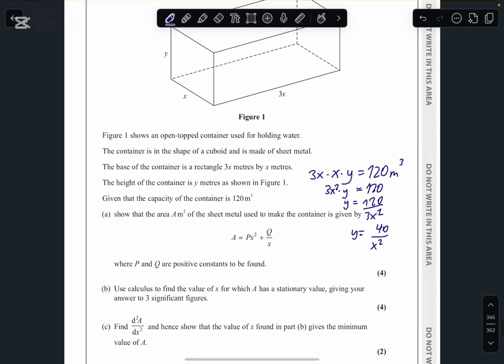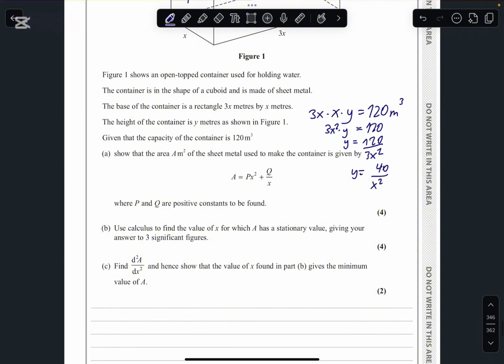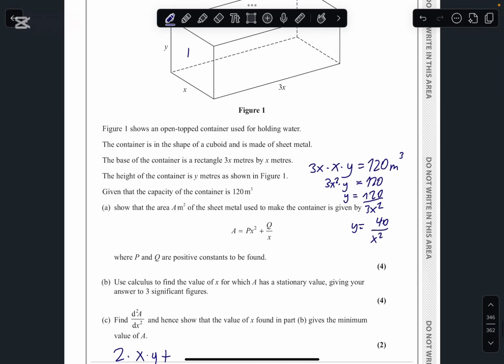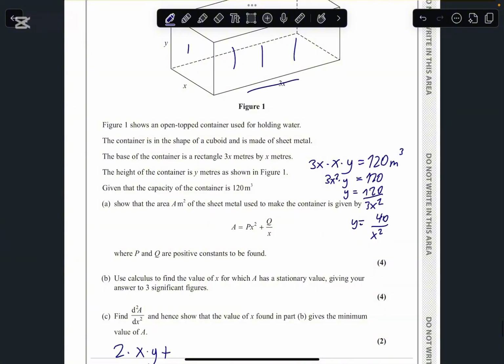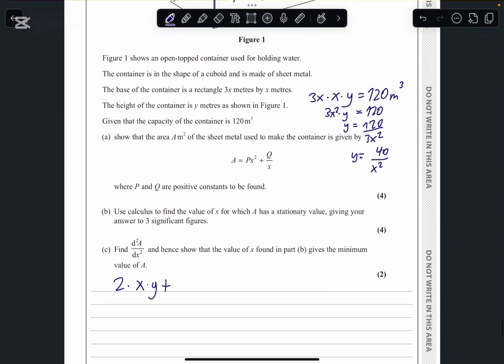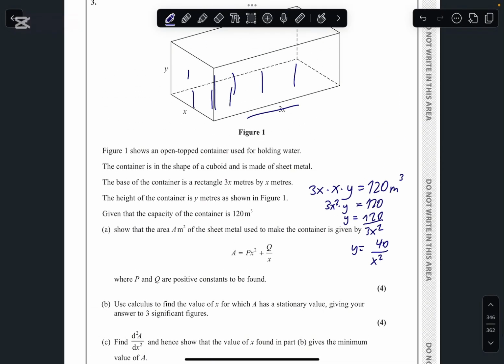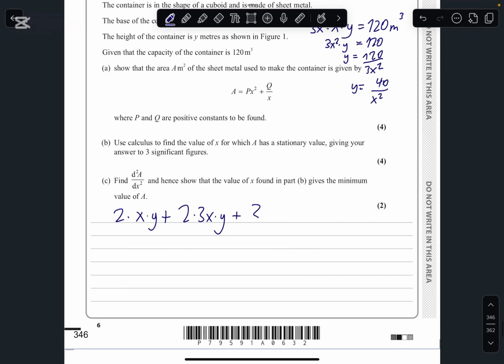So we said before 2 of these sides, which is 2 times x times y. Then we add another 2 of these sides here, which is 3x times y, so 2 times 3x times y. And finally, only 1 of this side, which is 3x times x.